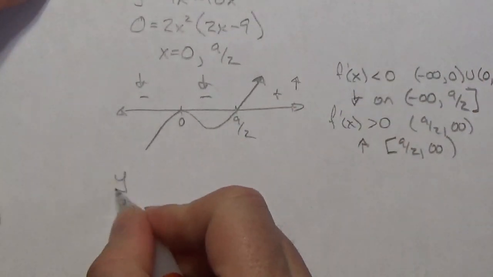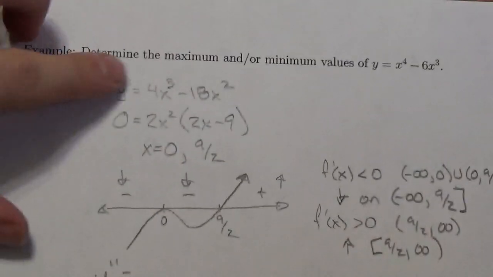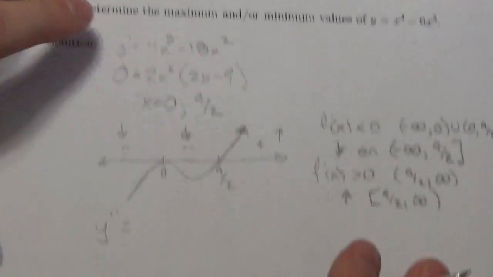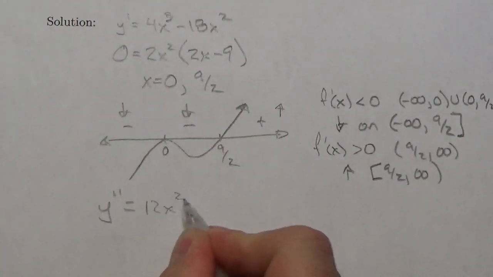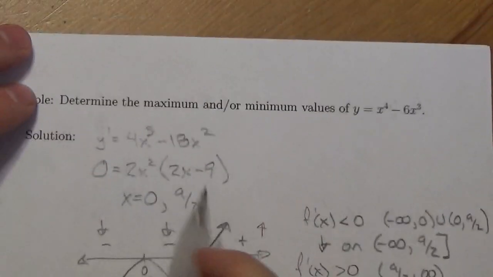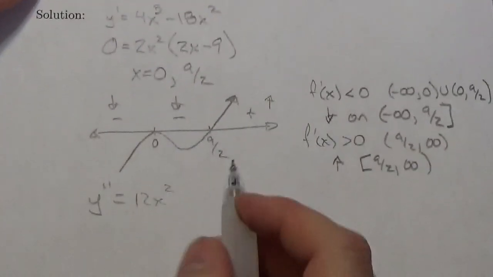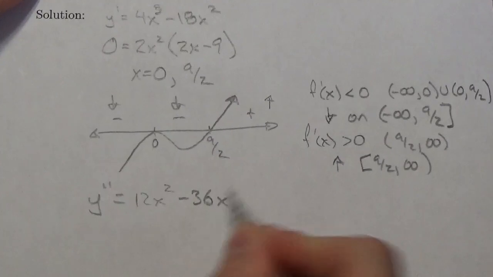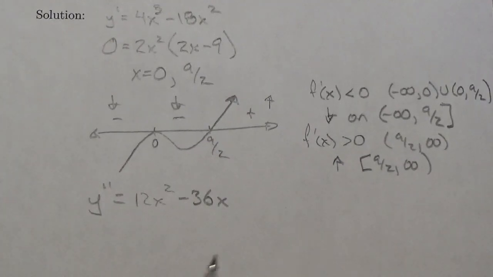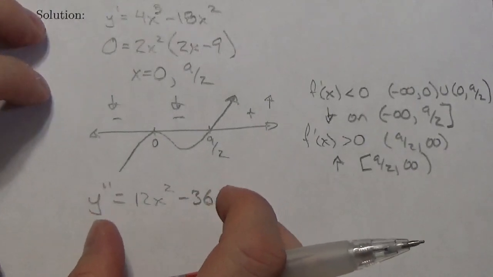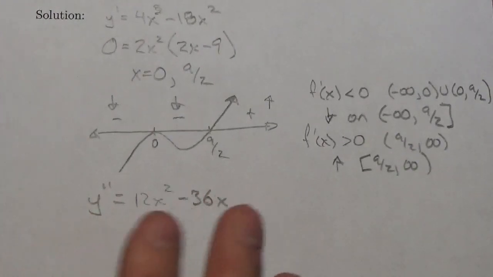Now, my second derivative, looking back up to here, is going to be 12x squared minus 18x squared, so this is going to be minus 36x. Now, bear in mind what I'm trying to accomplish here. I'm not looking for intervals of concavity right now.